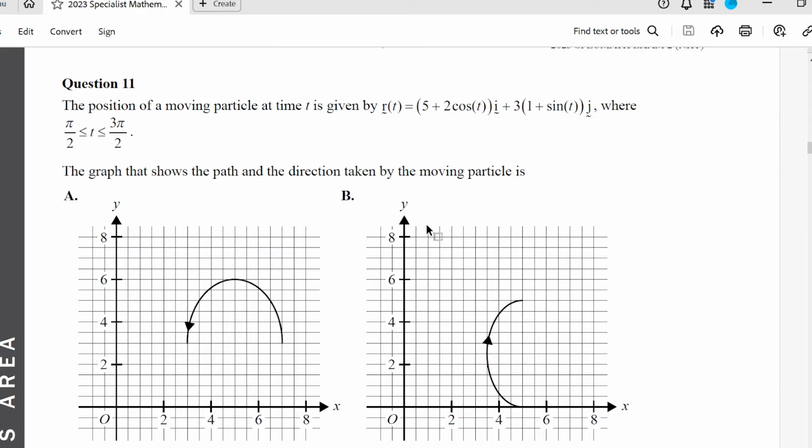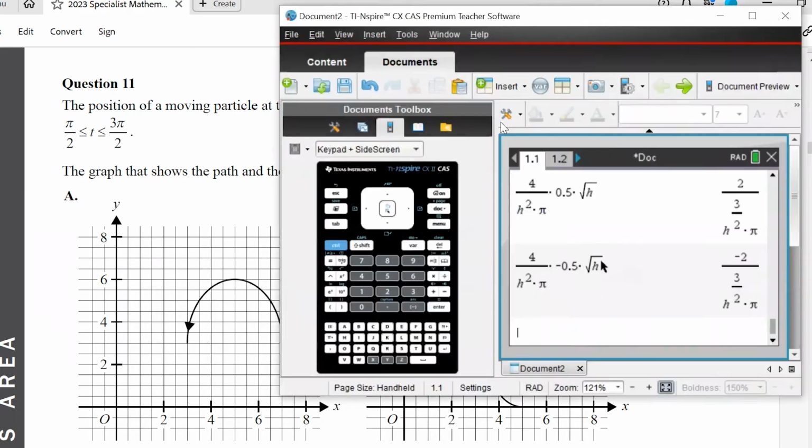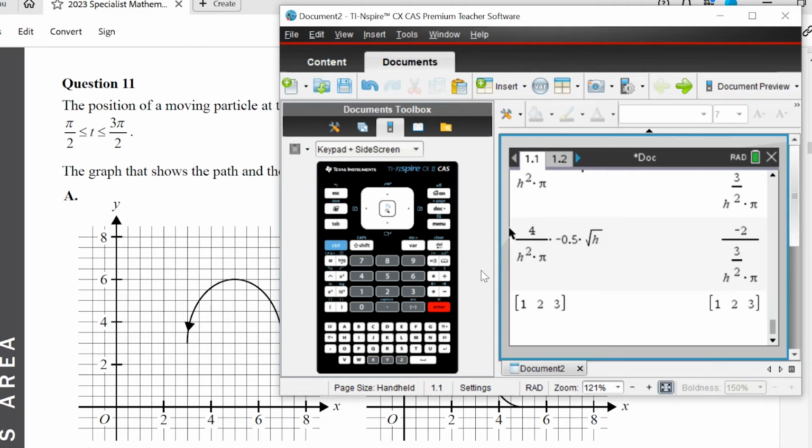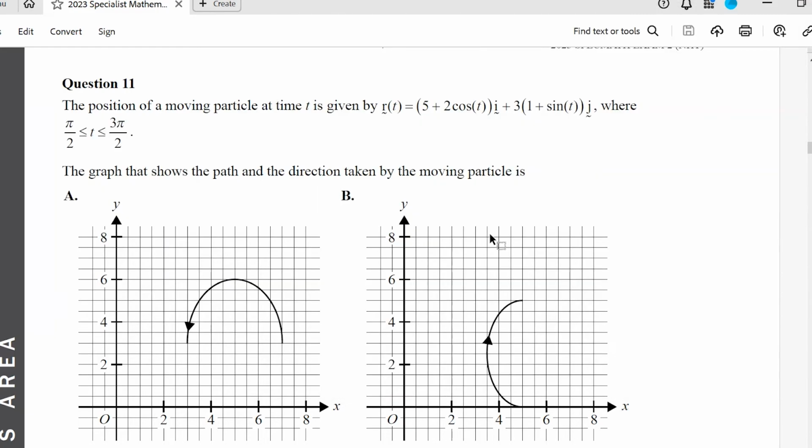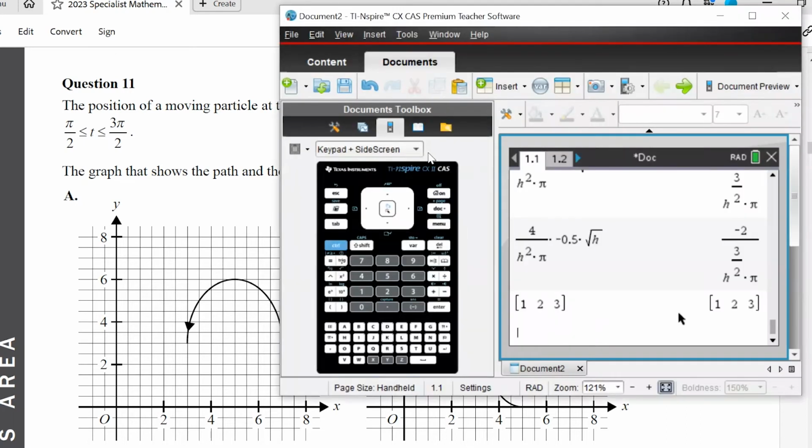Vector functions question. CAS is pretty good for these. We define them using a matrix. You can either use a row or a column, but I like to use a row because you basically just find your square bracket and then comma, comma, comma, and it'll make your matrix for you. So here I can define this function as r of t.